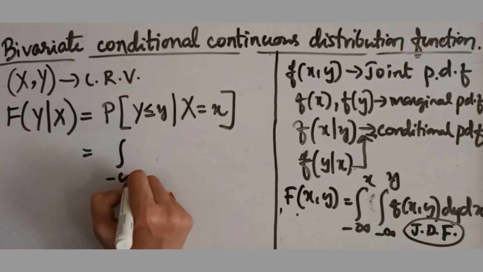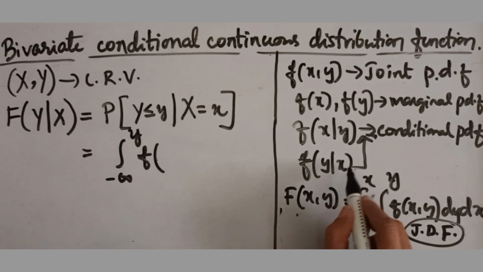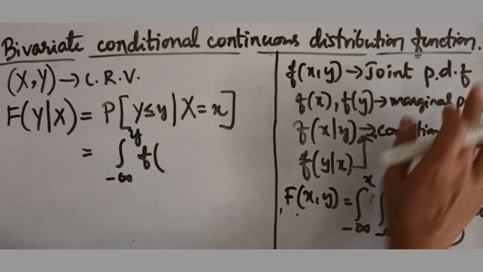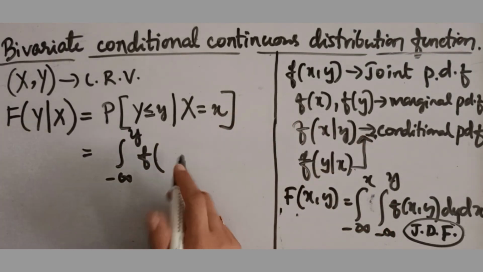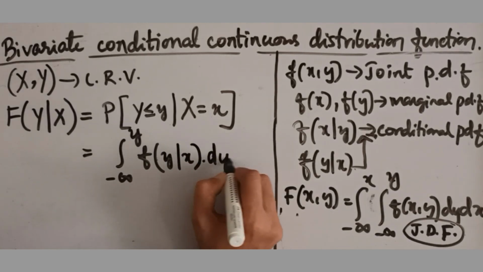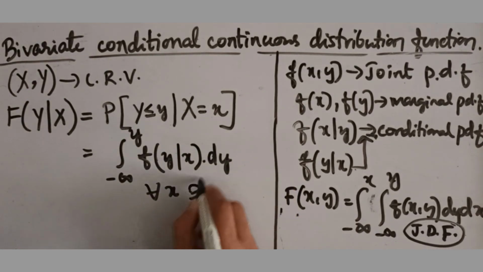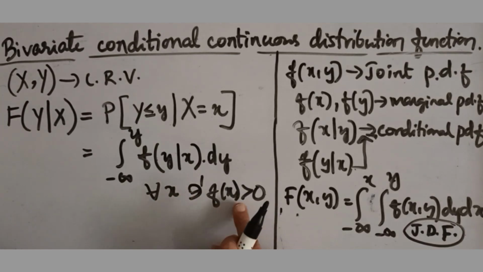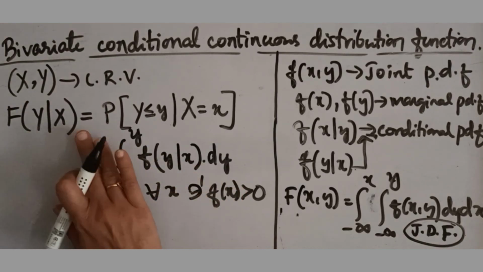So this is integral from minus infinity to y of f, I will use this itself, the conditional probability density function. Instead of using the joint probability density function, I have already defined what the conditional probability density function is. I will directly use that in the integral. f of y given that x has occurred, with respect to y, and this is for all x such that f of x is greater than 0. You have to take for all x such that f of x is greater than 0. So this is the definition of the conditional distribution function.